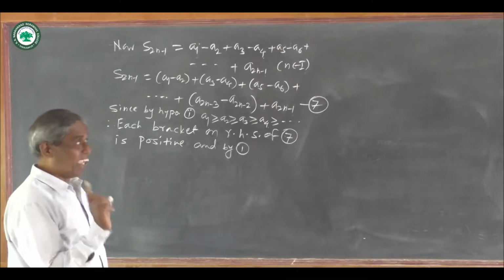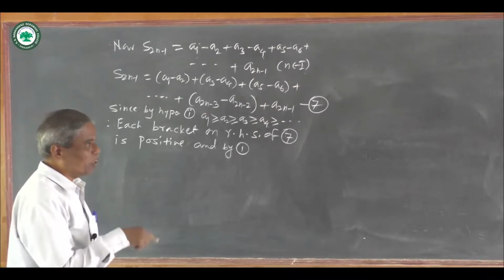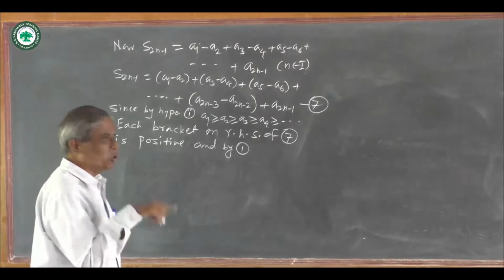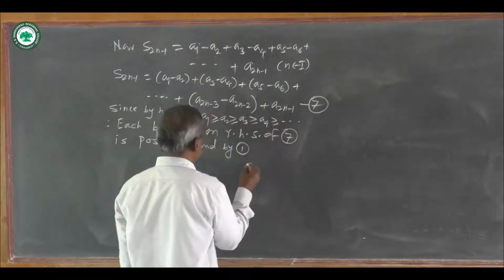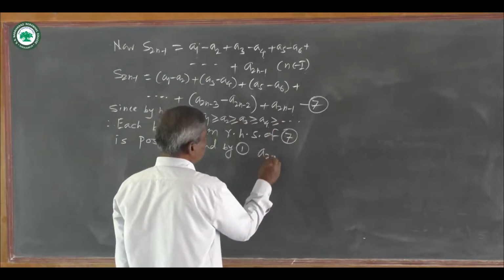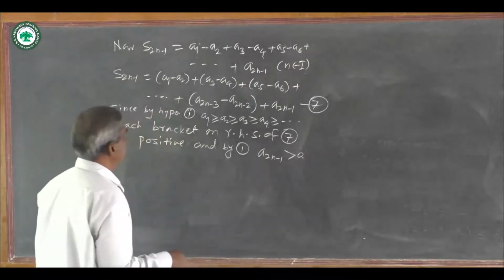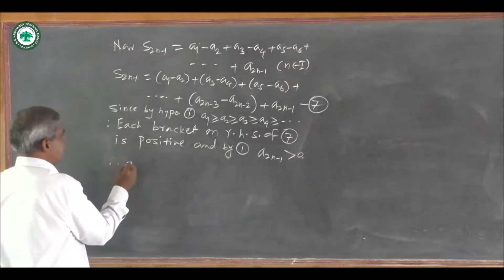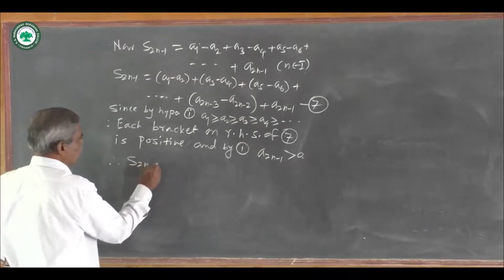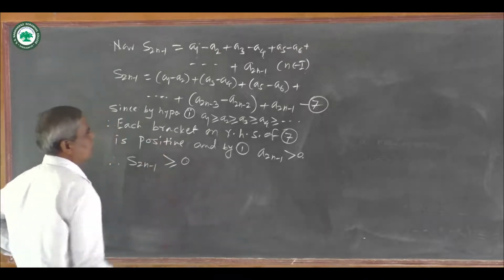That is, A suffix 1 is positive, A suffix 2 is positive, A suffix 3 is positive, A suffix 2n minus 1 is also positive. By 1, A suffix 2n minus 1 is greater than 0. Therefore, we write S suffix 2n minus 1 is greater than or equal to 0.